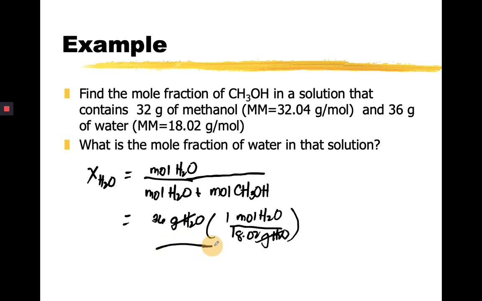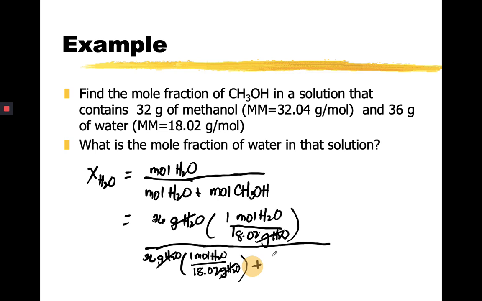Now our denominator is quite long since this is the sum of the number of moles of water and methanol, okay. So first we can copy this. That's 36 grams H2O times 1 mole H2O over 18.02 grams, right? So this is basically looking for the number of moles of water, but don't forget that we need to add the number of moles of methanol.